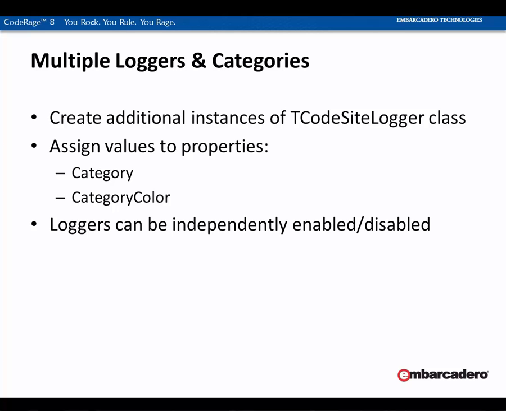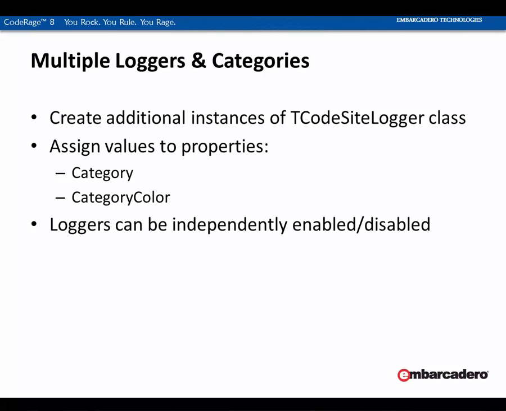Well, the problem with that is that it's very hard to control the amount of data that you're generating. And so instead of having some arbitrary level, we recommend creating categories and having the categories represent whatever makes logical sense to your application.